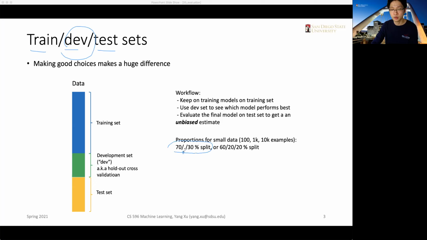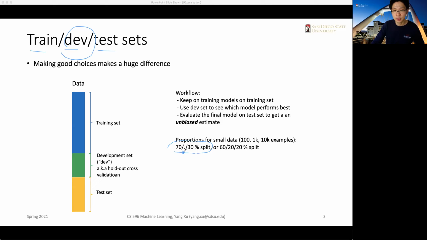You only use, for example, 70% as the training, and the 30% will be kept as the test set. It's never seen during the training stage. One reason is that your data is small.